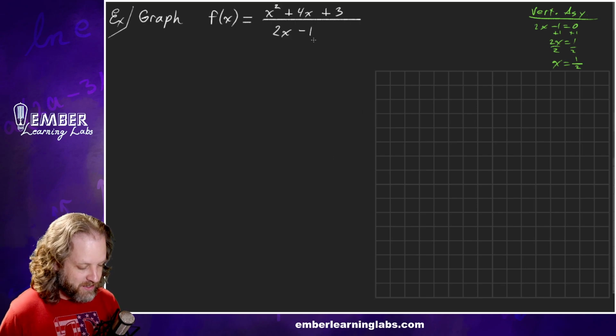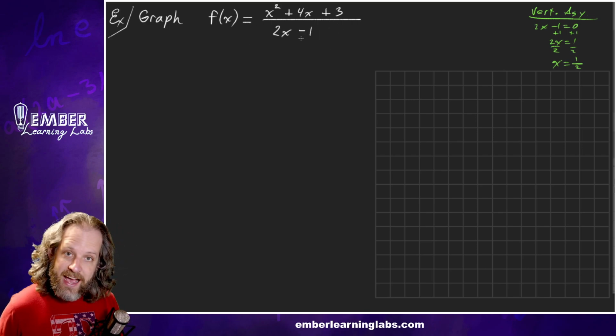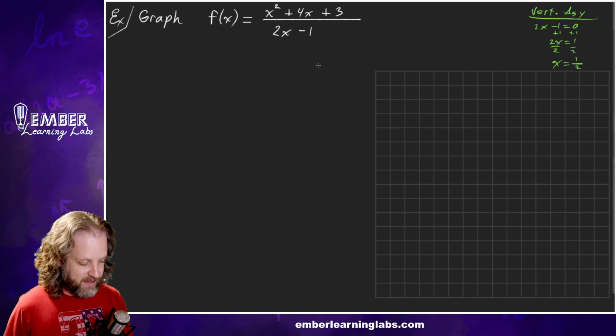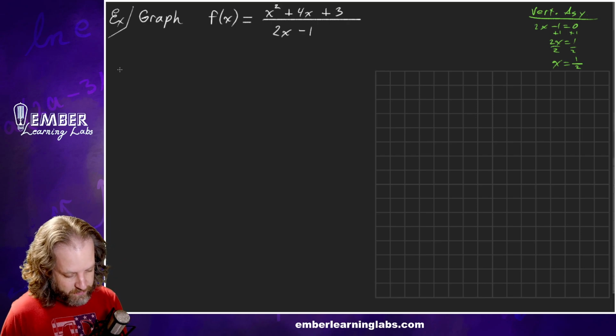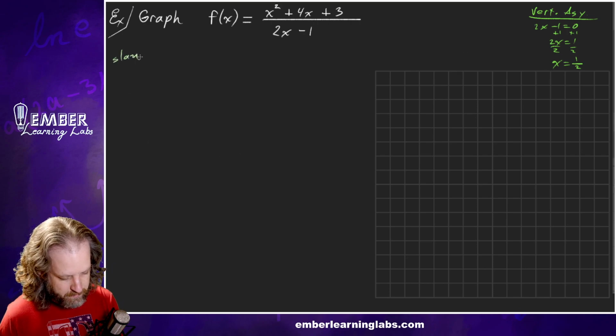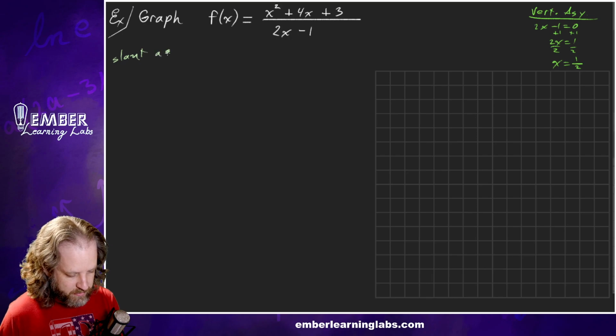So we need to go ahead and divide this out to figure out the equation of the slant asymptote, right?